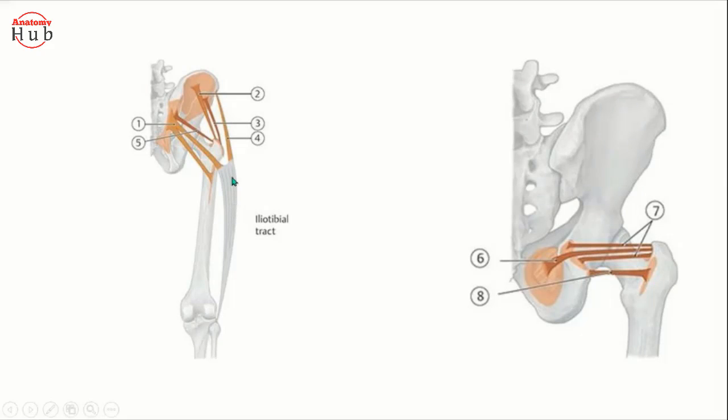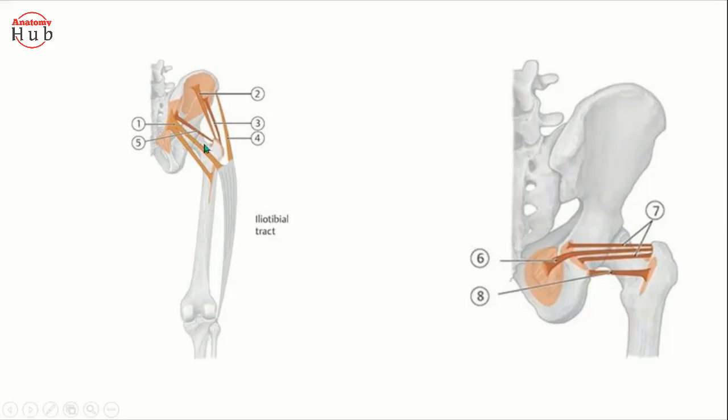It is a very well-known modified fascia to which this gluteus maximus muscle takes insertion. And the lower fiber of the gluteus maximus muscle comes downward and attaches to the gluteal tuberosity, right?